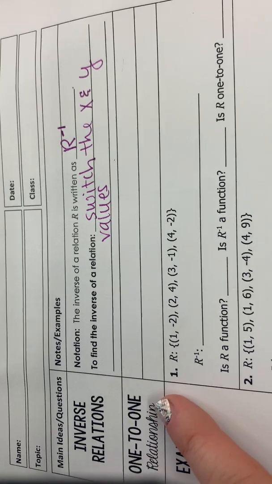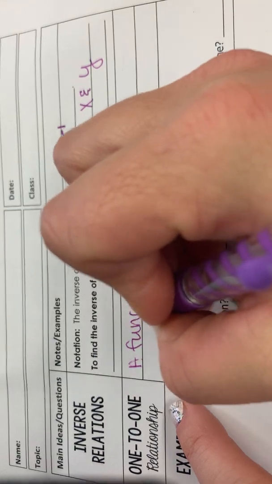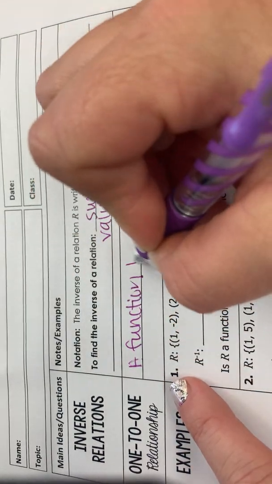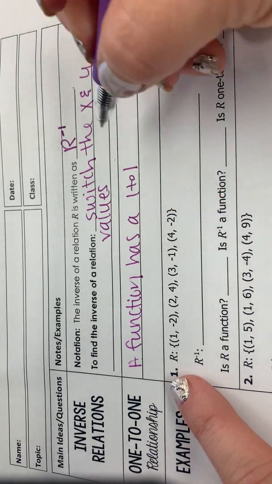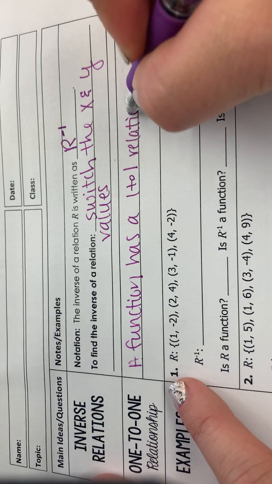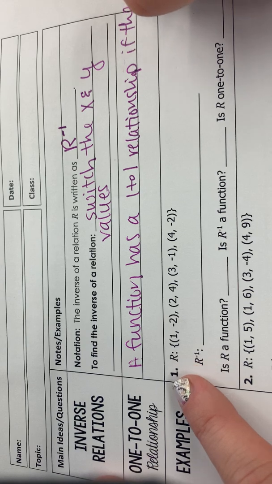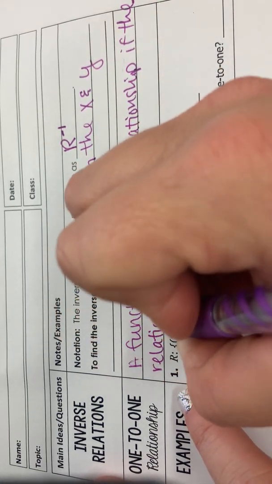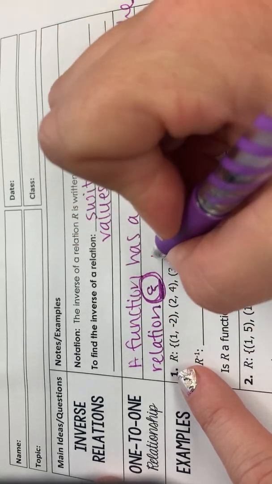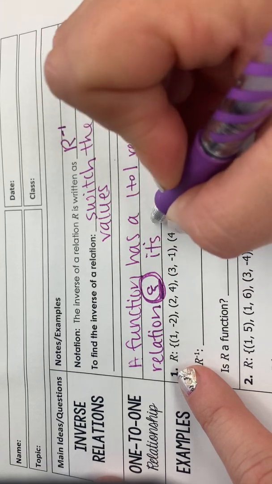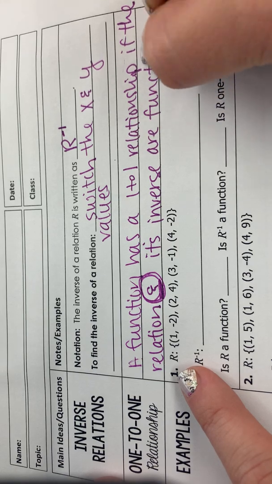A one-to-one relationship: a function has a 1-to-1, I'm going to be lazy right there and just spell that out, relationship if the relation, its inverse are functions.